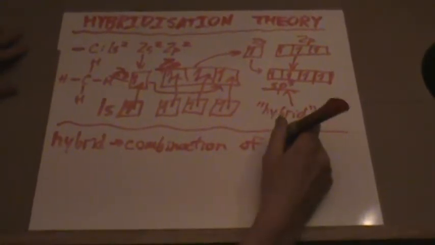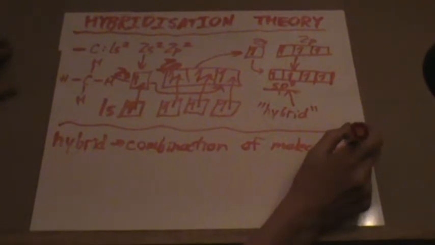Let's define hybrid orbital as a combination of atomic orbitals, because we are not bonded yet, so they're not molecular orbitals, I'm being silly, atomic orbitals, in which all orbitals have the same energy.